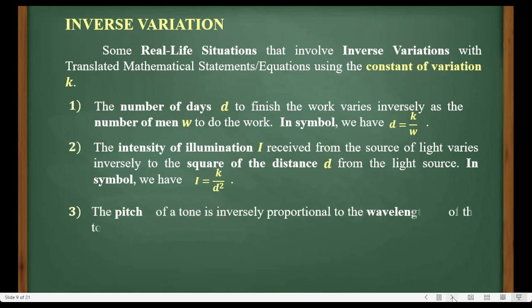Next, the pitch of a tone is inversely proportional to the wavelength of the tone. So the two quantities are the pitch of the tone and the wavelength of the tone. Let us denote the pitch by small letter p, and the wavelength of the tone by small letter w. So in symbol, that will give us p is equal to k over w.